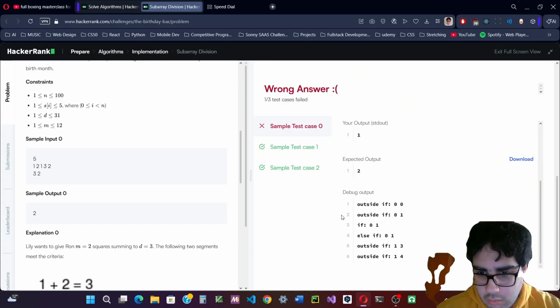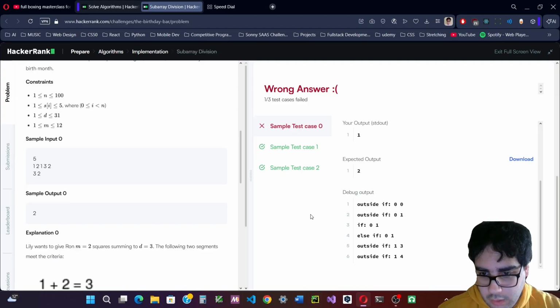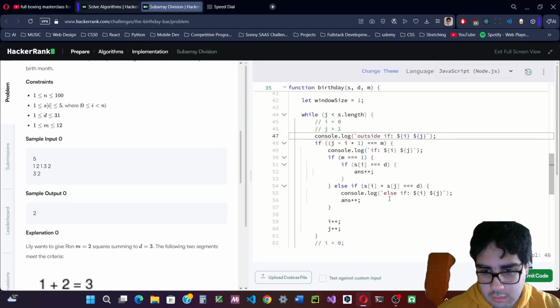Okay, 0, 0, 0, 1. Okay, if 0, 1, also 0, 1 outside if 1 4. What? 0, 1, 2, 3, 4. Okay, so the i pointer is not getting incremented.